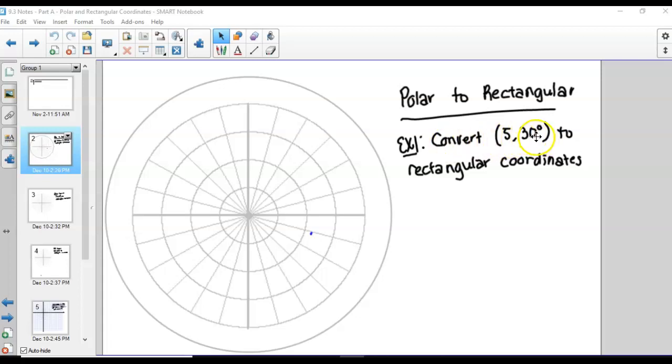So if I graph (5, 30 degrees) on the one that I have here, 30 degrees is right here, and I'll go out 1, 2, 3, 4, 5. So my point would be about right here.